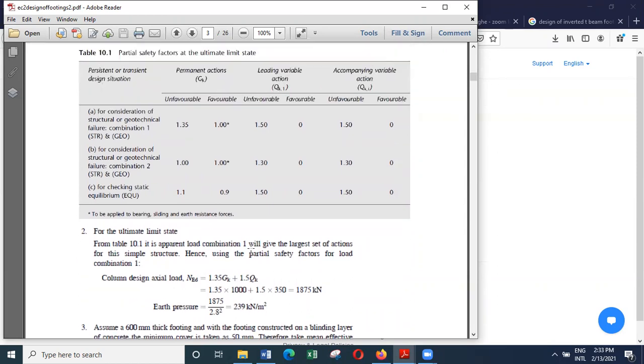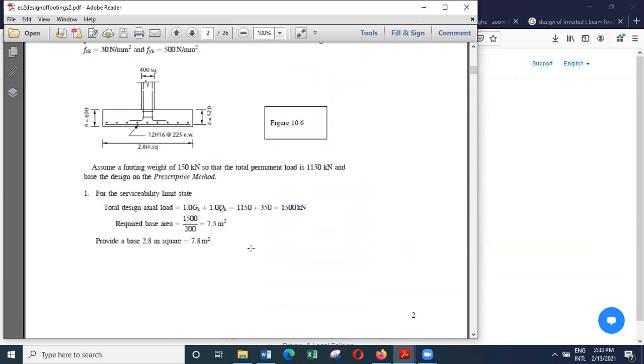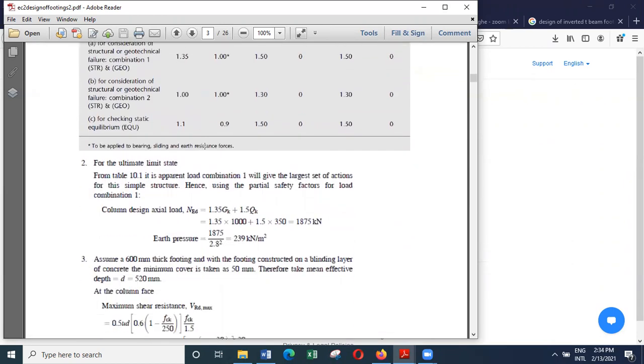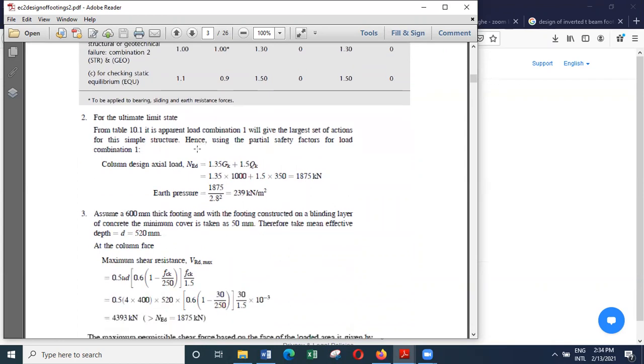The first thing you have to do, because the thickness has been selected, is to see whether the punching shear failure can occur due to compression failure at the face of the column. To do that, we have to find the maximum shear resistance.